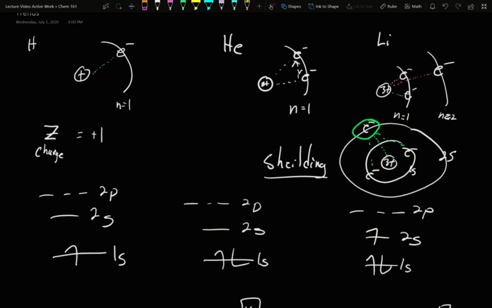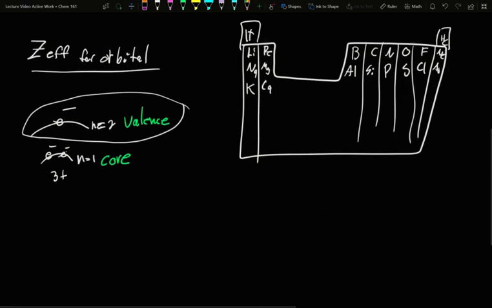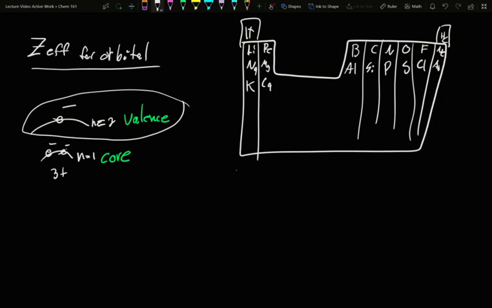In fact, anything in the same shell, the same n value, we consider to not interfere with each other. There's actually a little bit of fine tweaking that we can talk about later that does come up, but for Z effective, it's assumed that things in the same n value don't shield. Well, hydrogen was a +1.